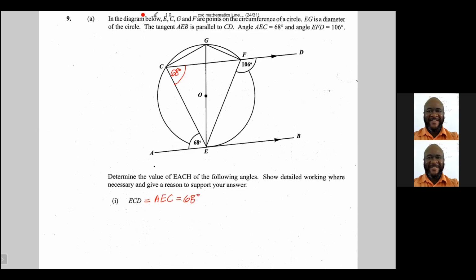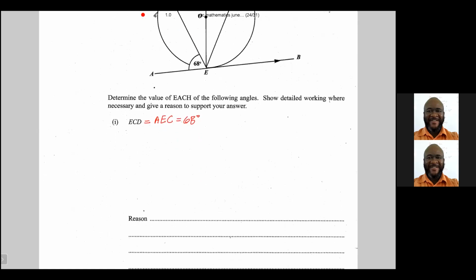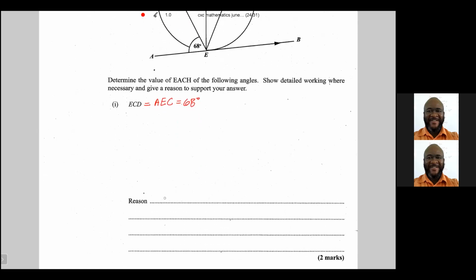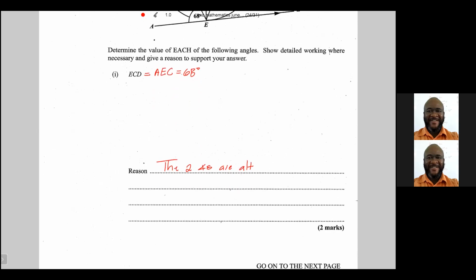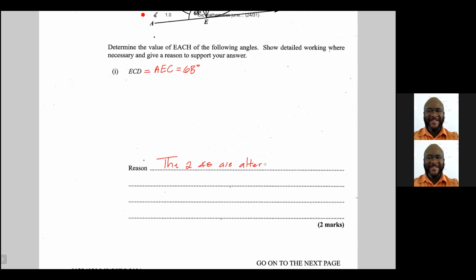All right. So below that, it says, what's the reason? So the two angles are alternate angles.